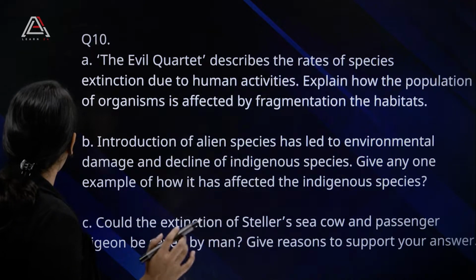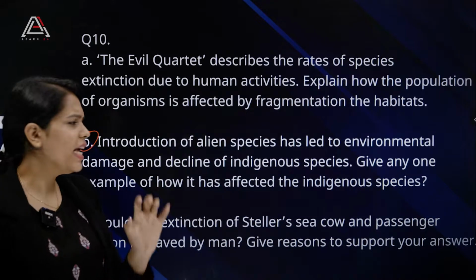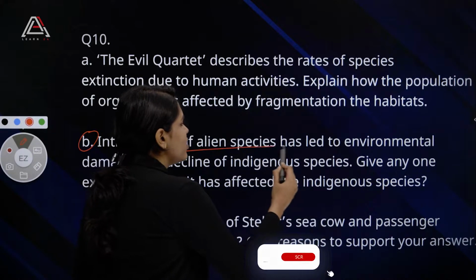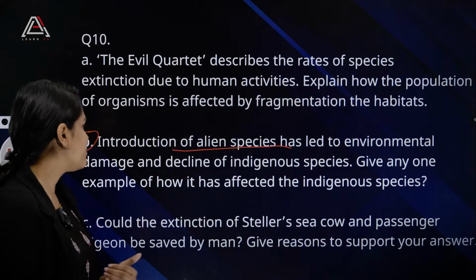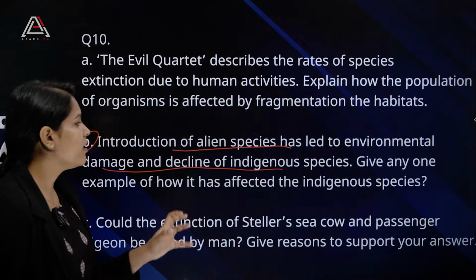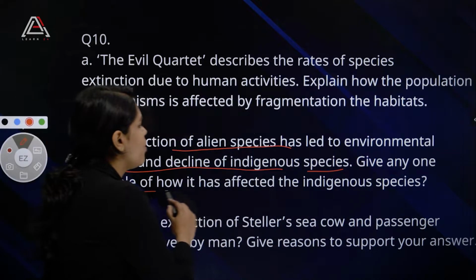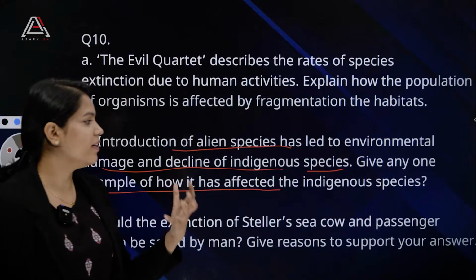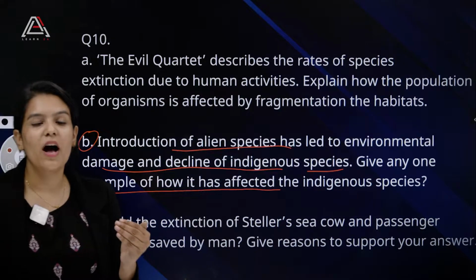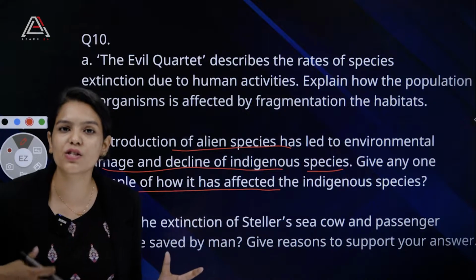Okay, now moving on to the second part. The second part is talking about how the introduction of alien species has led to environmental changes and decline of indigenous species. Give any one example of how it is affecting the indigenous species. You have studied about water hyacinth, right? Parthenium. What does it do?